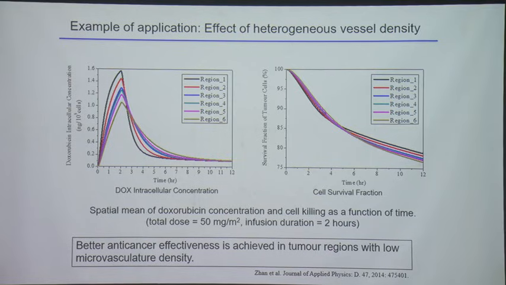And this reflects the interaction between the drug transport and the leakage, because as I said earlier, the transport is bidirectional. So the drug can also leak and be transported back to the vasculature. So the conclusion here, based on this particular analysis, is that better anti-cancer effectiveness is achieved in tumor regions with low microvascular density.